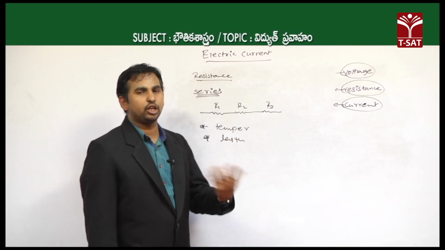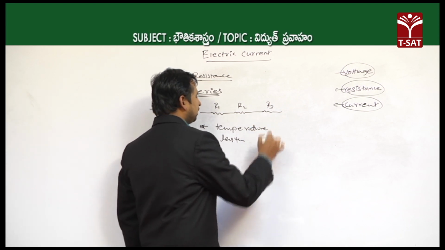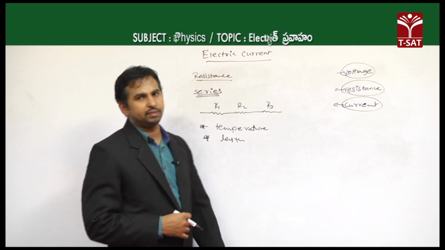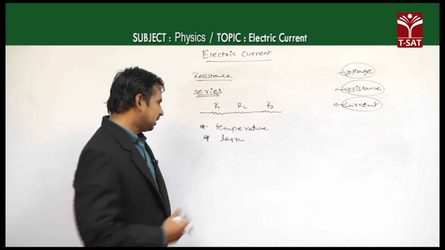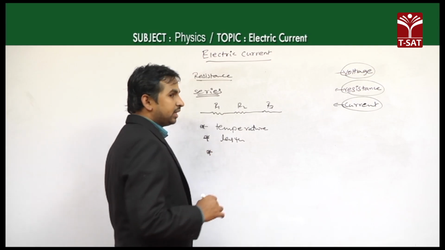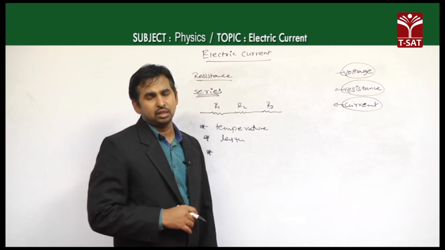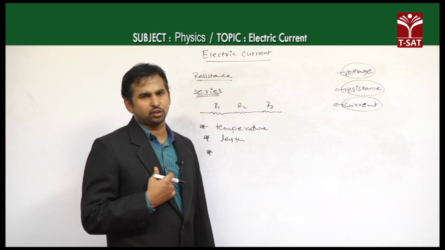If you increase the temperature more and more, the resistance value gradually increases. In the same way, if you increase the length, the resistance value again increases. The next factor is the thickness, that is, the area of cross section of the wire.